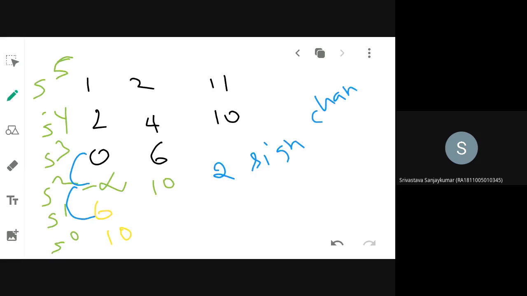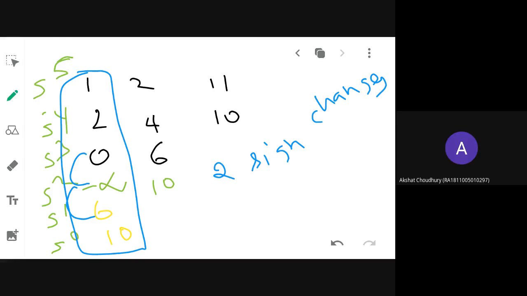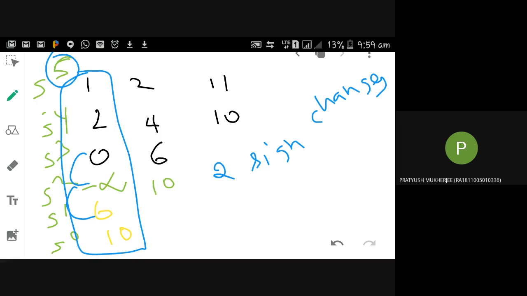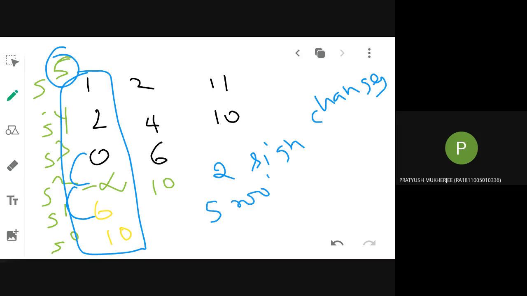If you look at the first column elements, what will you infer about the system's stability? How many roots in total? 5 roots in total.